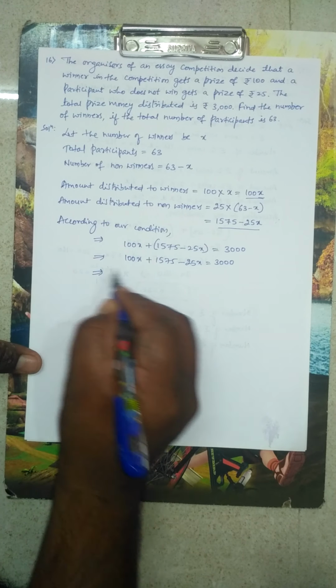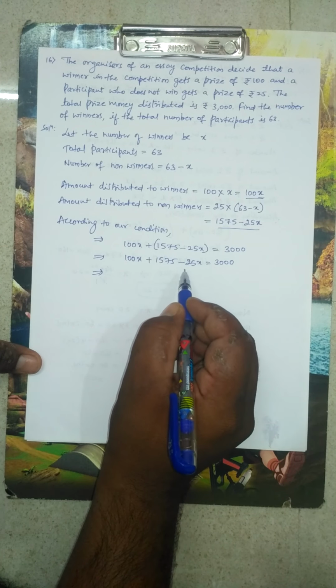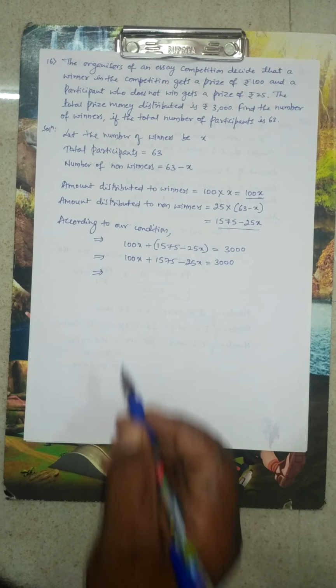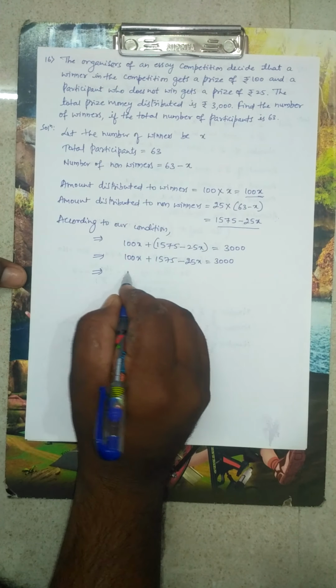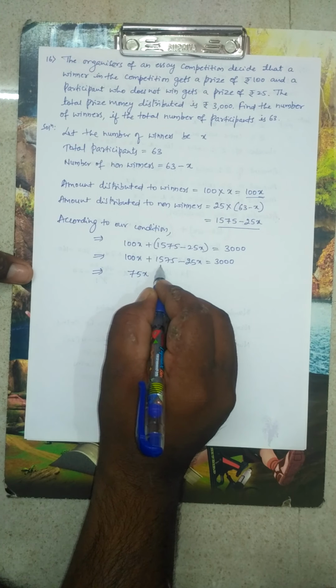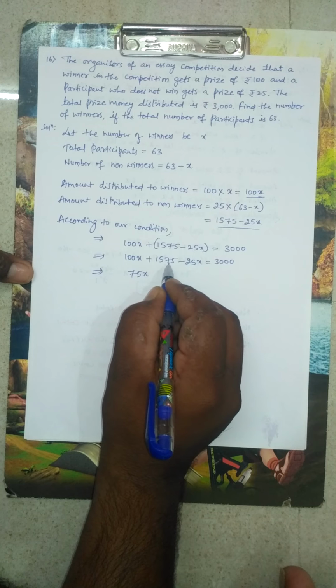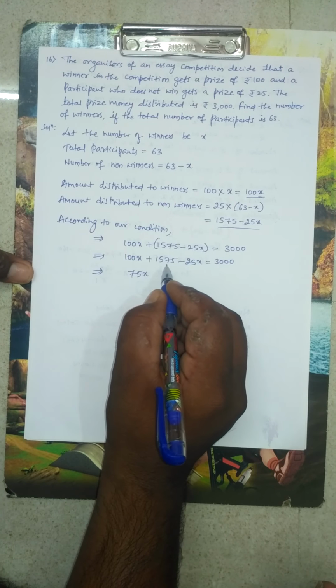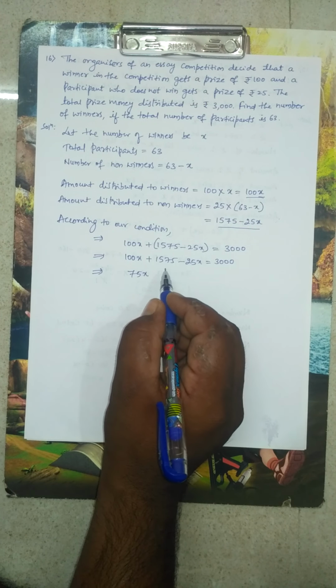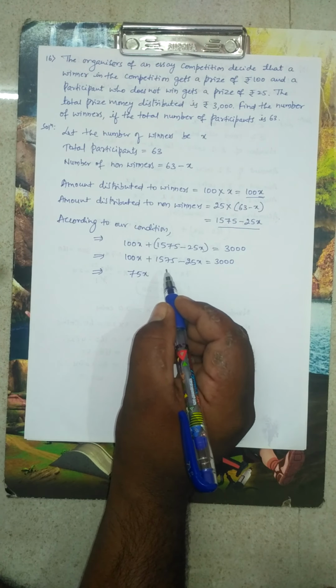So next step, which implies 100x and 25x both are like terms. So 100 minus 25, it is 75x. So 1575 is a constant which is in the LHS. I am going to transpose it to the RHS. A positive term, if you transpose from LHS to RHS, its sign changes.